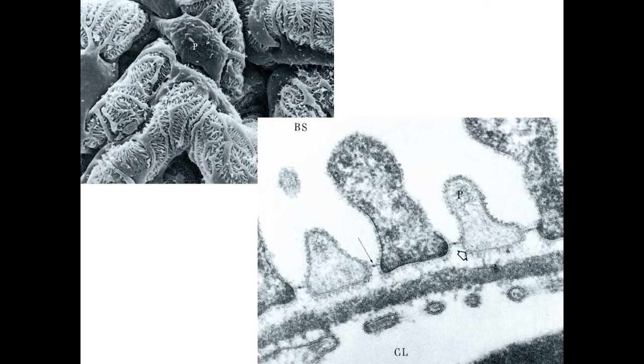Here is an electron micrograph, both at the scanning electron microscopic level and at the transmission electron microscopic level. So at the scanning level, the parietal layer of Bowman's capsule has been peeled away, and so you're looking down onto the surface of the glomerulus, and you can see the podocytes with their primary and secondary foot processes.